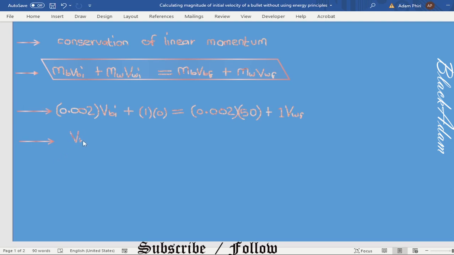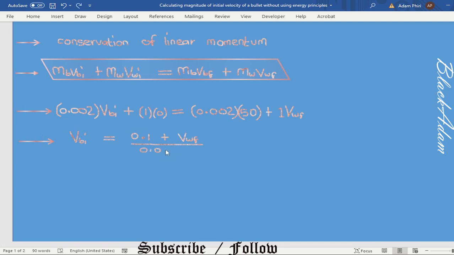From there, 0.002 multiplied by 50 gives us 0.1, and 1 times that is VWF, the velocity of wood final after collision, all divided by 0.002.